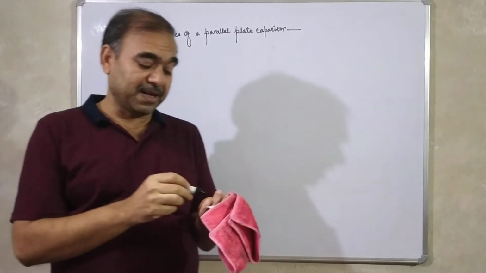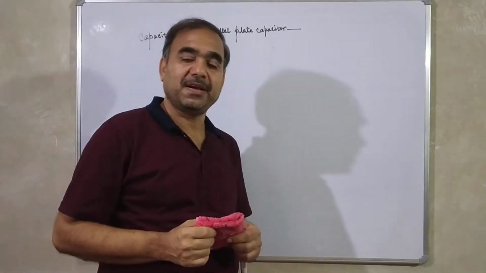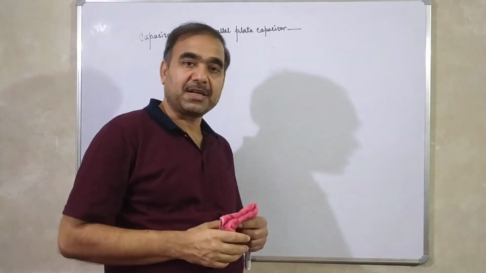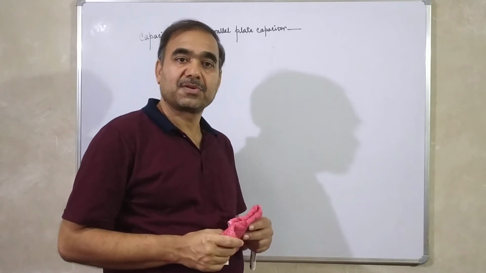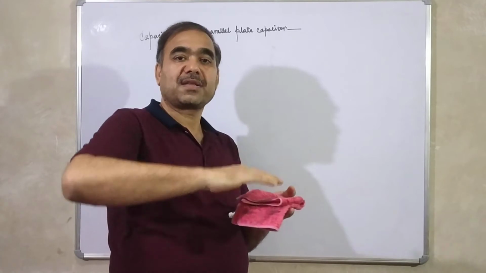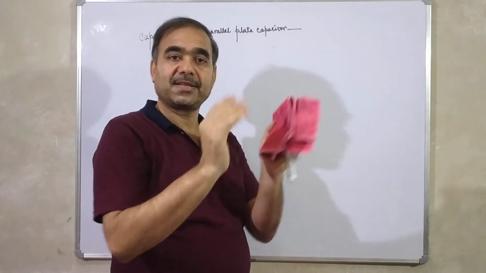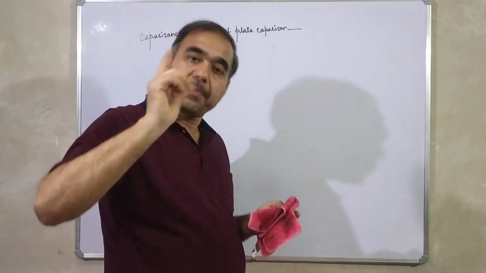The shape of the plates might be circular, might be rectangular, but you have to take them as parallel. Suppose one circular plate, another circular plate like this. You have to place them like this, but they should be parallel.